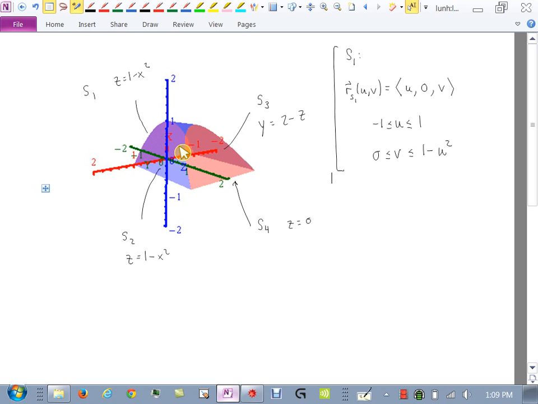So let's start with how do we stay on the outside of the sheet? Well, I could write R of S2 of U, V equals, now this time, let our U be our X component, and now our Z will be 1 minus U squared. That way we stay on the edge.